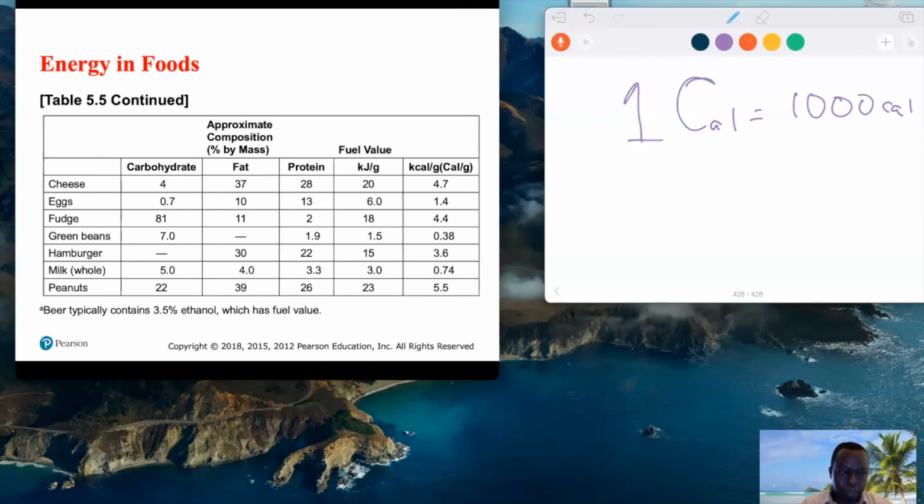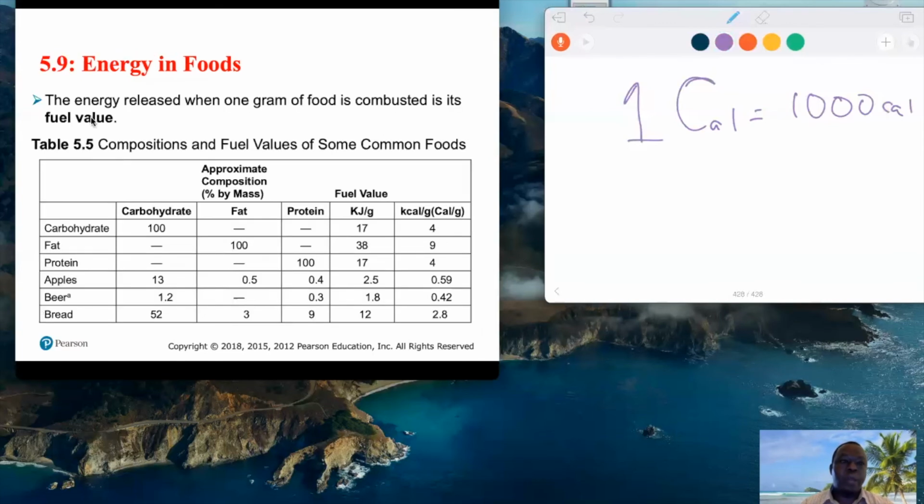Let me give you an example of how these fuel values are used in calculating the total energy content. Suppose somebody consumed 5 grams of carbohydrate and 5 grams of protein. If we know 1 gram gives this, or this is the fuel value for 1 gram, we multiply by 5 the fuel value for carbohydrate. You look at the fuel value for fat, and then you multiply by 5. Remember, this is per gram.